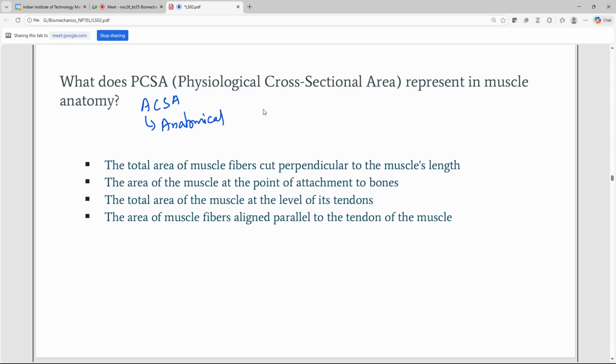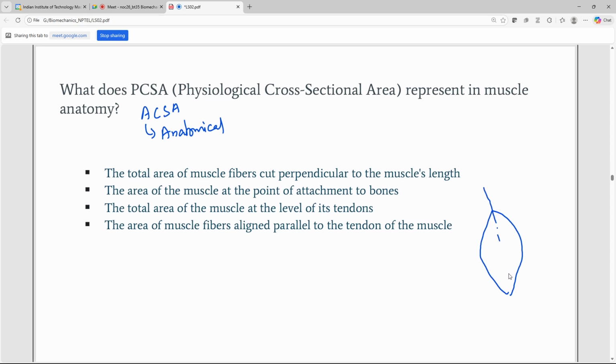So anatomical cross-sectional area and physiological cross-sectional area. Suppose we have one particular muscle like this one, and this is the midline. The fibers are arranged like this. So this is the muscle fiber arrangement.